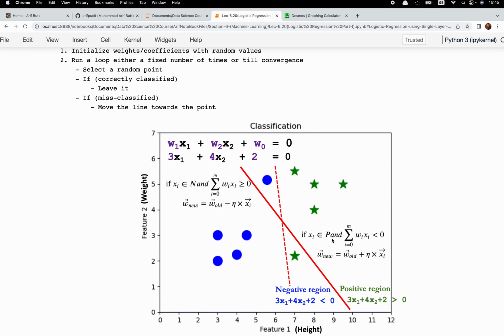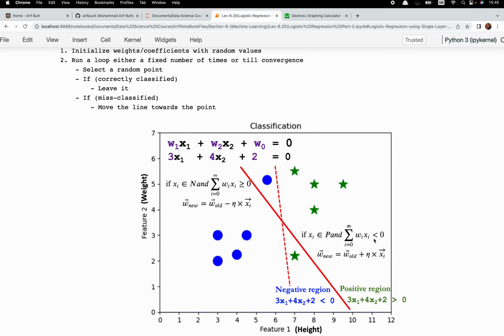And this is the condition that we can use to identify it, which says if X actually belongs to P, that is the positive region, and the sum of its dot product of W and X is less than 0, then it is misclassified. My students, I hope now you know how we can identify a misclassified point.